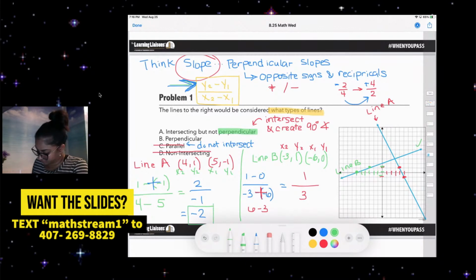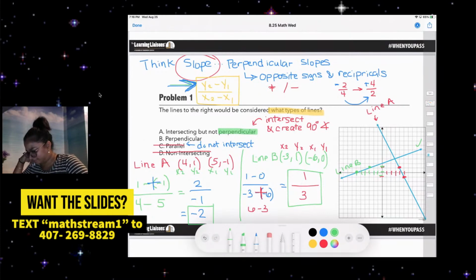So first slope is negative 2. Second slope is 1/3. They are opposite signs, so it does check off on the first criteria. That's the word I'm looking for. But then, are they reciprocals?